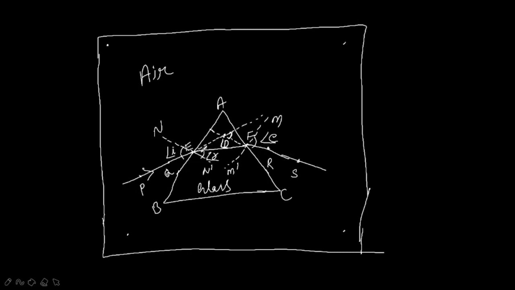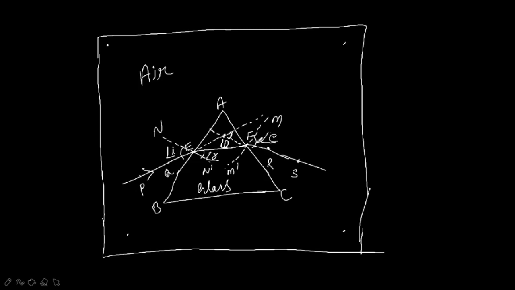Then we joined E and F, and we drew the normal to the face AB, that is N and N dash, and one more normal to the face AC, that is M and M dash. We found the angle of incidence for the incident ray PQ, and then EF is the refracted ray, and FS is the emergent ray.